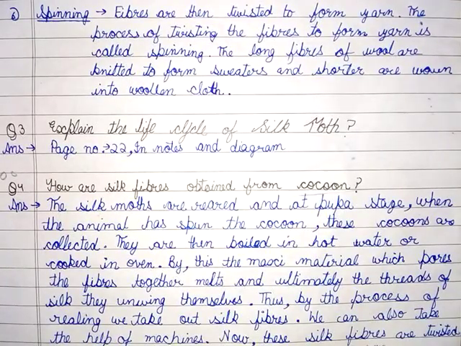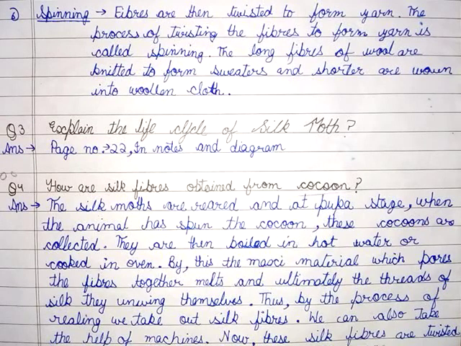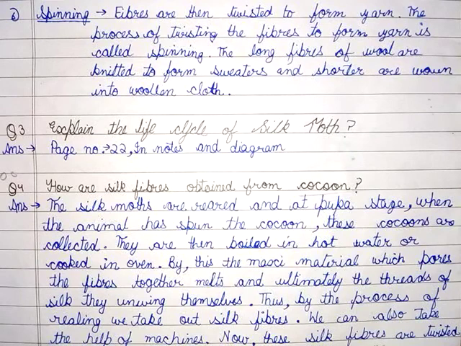Question number 4. How are silk fibers obtained from cocoon? Answer. The silk moths are reared and at pupa stage, when the animal has spun the cocoon, these cocoons are collected. They are then boiled in hot water or cooked in oven.